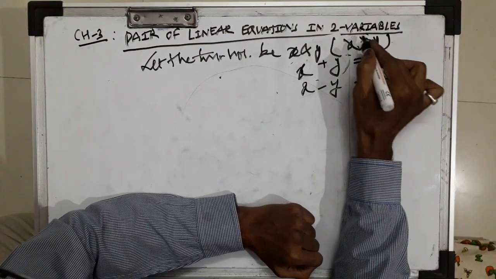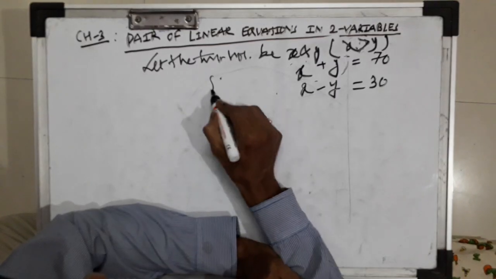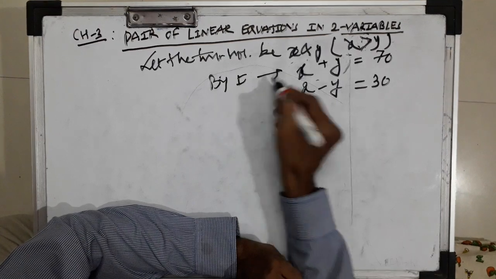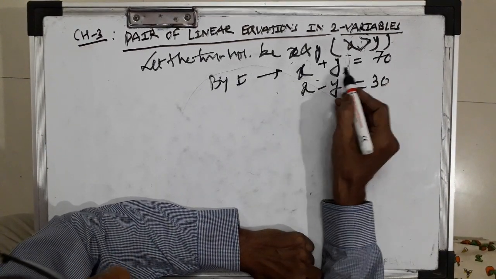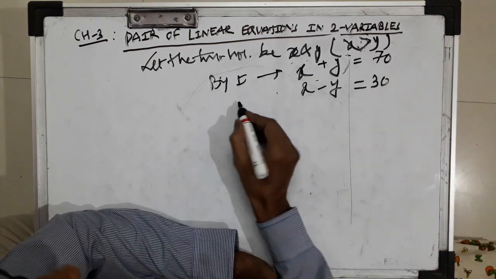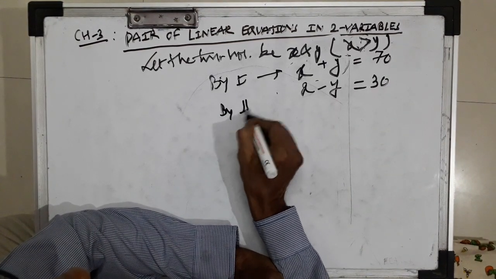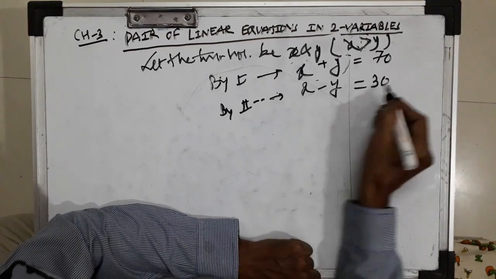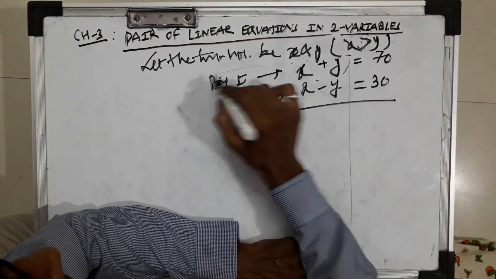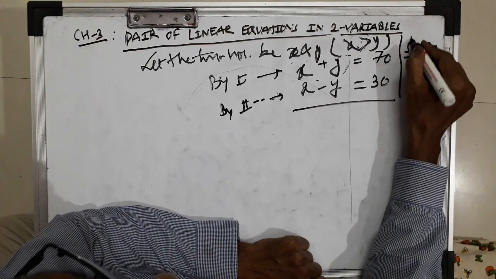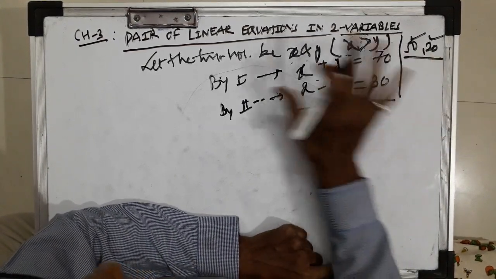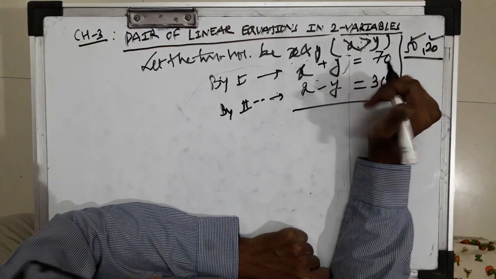By the first condition we can take x plus y is equal to 70. What was the statement? The sum of the two numbers is 70, and by the second condition, the difference of the two numbers is 30. If we solve that, we will get the two answers as 50 and 20. The solving method we'll see later. We are going to see only how to form the equation.